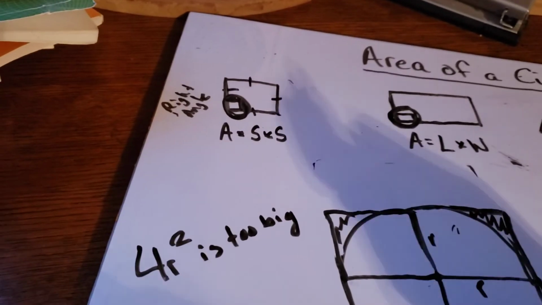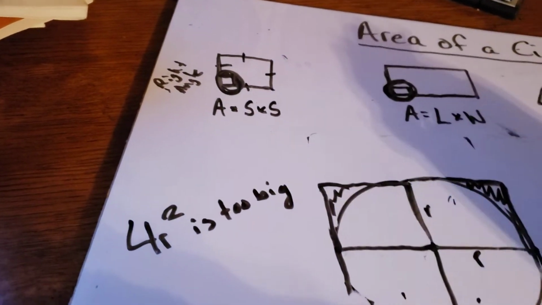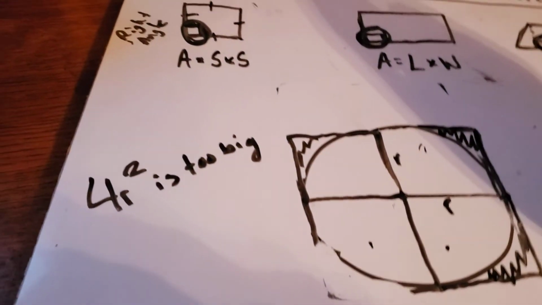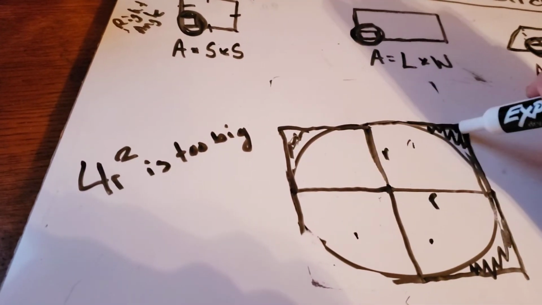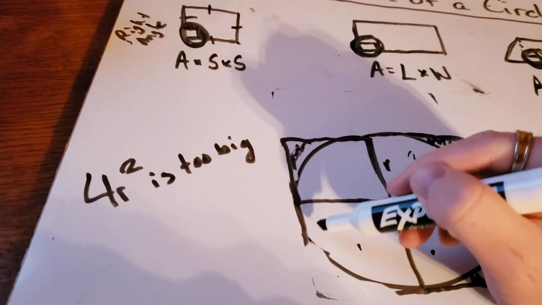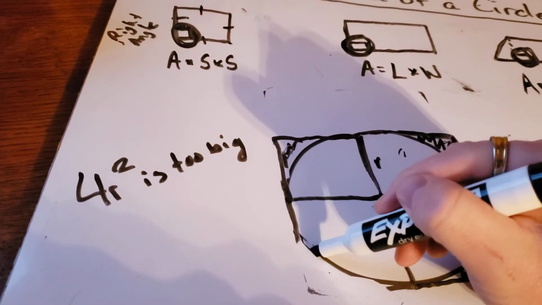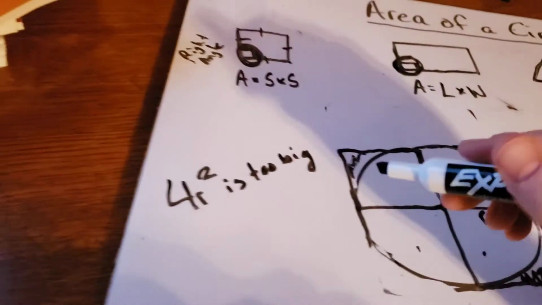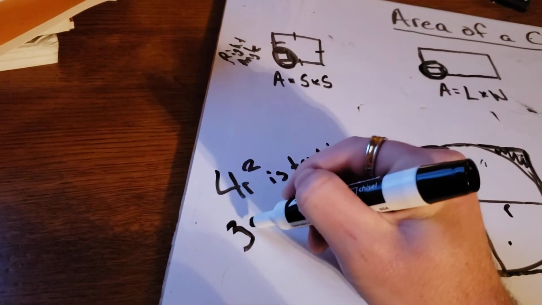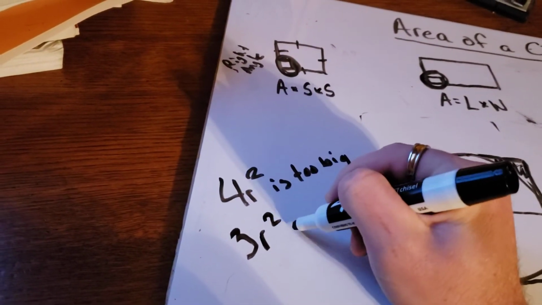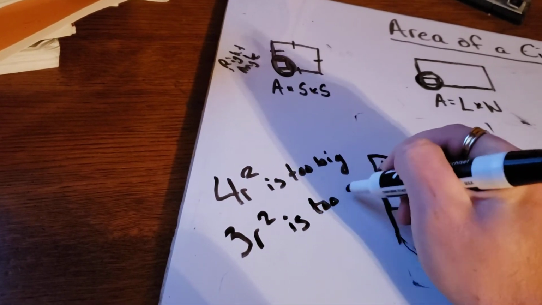So now maybe you think, okay, let's try 3. The problem with 3, if we take these extra little chunks and we put them in this 3rd section of our circle, 3 of those r squareds is too small.